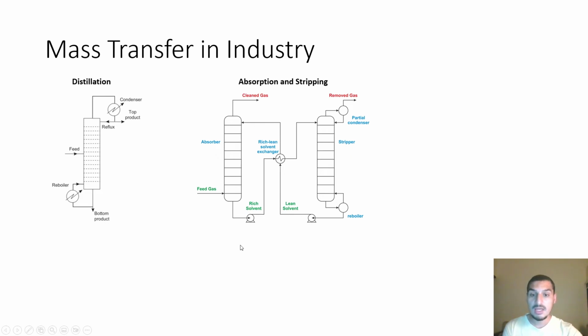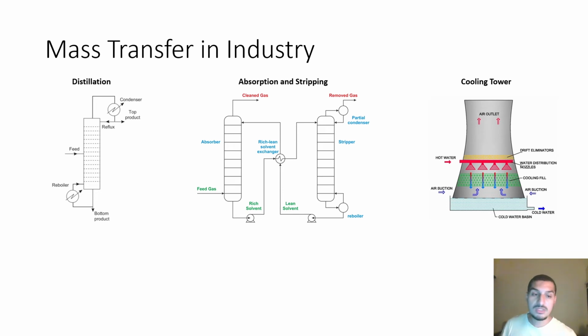The solvent is then directed to a stripper where the operating conditions are reversed, and we can get rid of the impurity from the solvent and regenerate it, producing a fresh solvent that can be used again for the absorption process. So this is again one more mass transfer process.